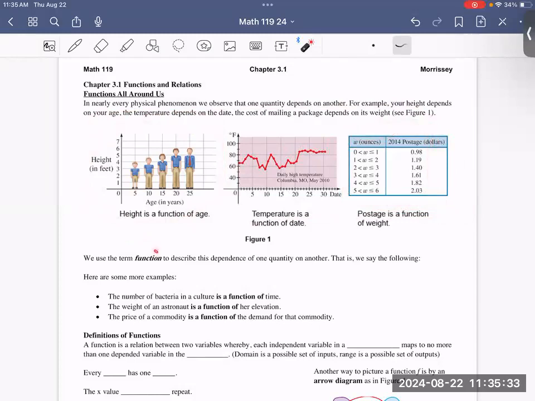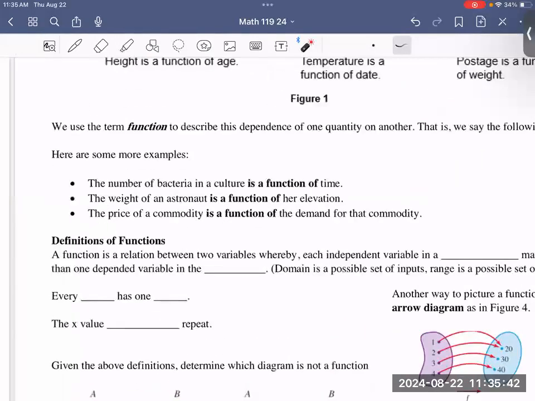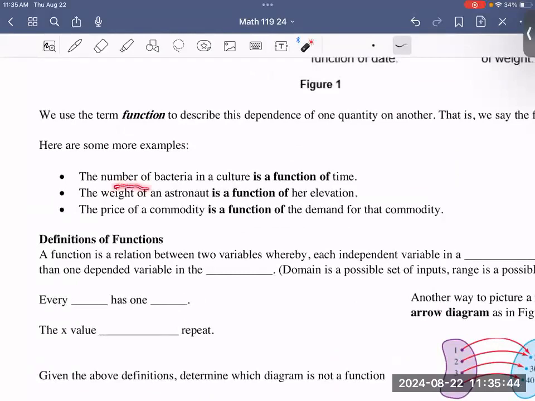Now we can use the term function to describe the dependence of one quantity on another. Here are some more examples. The number of bacteria is a function of time. Which one of these is the dependent variable? Well, the bacteria, right?